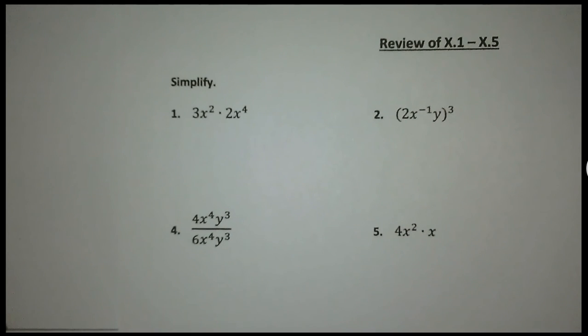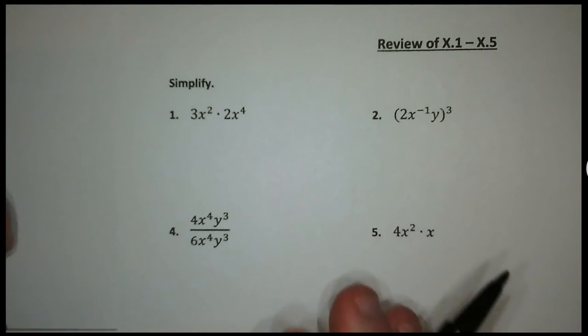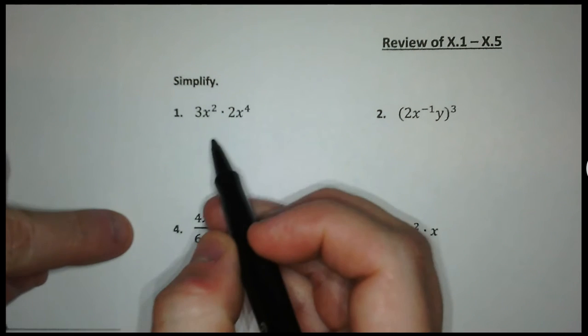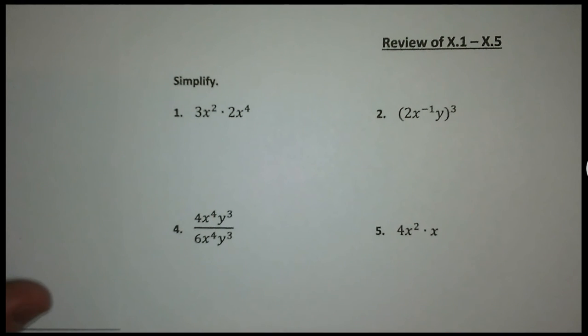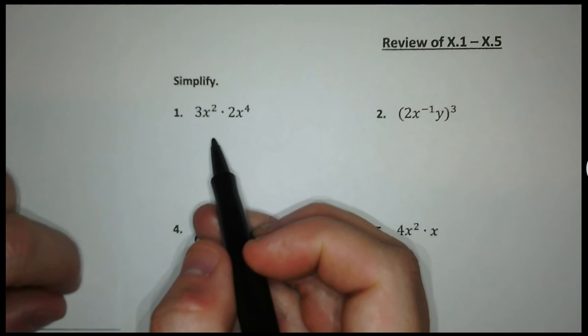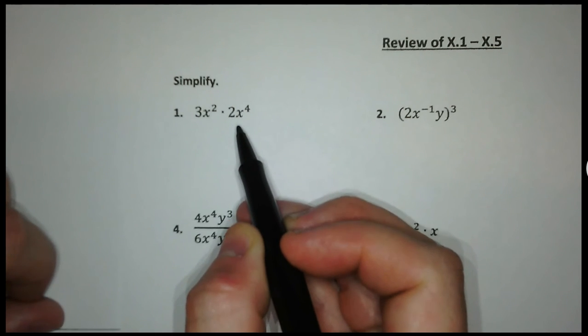So these 12 problems should do a pretty good, thorough job of covering all the concepts from these topics. Anyway, number one, all these were supposed to be simplifying, really, and so this says 3x to the second power times 2x to the fourth.